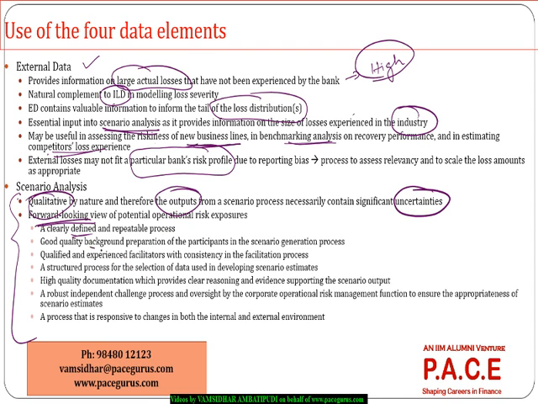So background preparation should be good, especially for all the participants in the scenario generation process. There should be qualified and experienced people involved in the scenario generation process. The process should be more and more structured, including what data needs to be used for selection and development of the scenario.